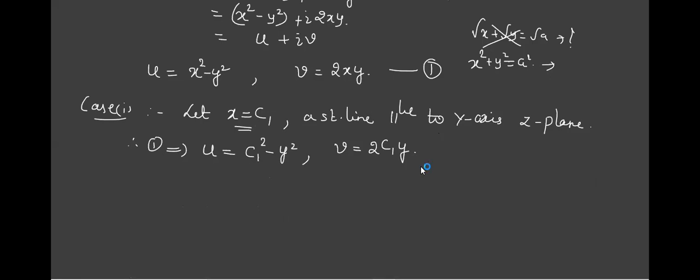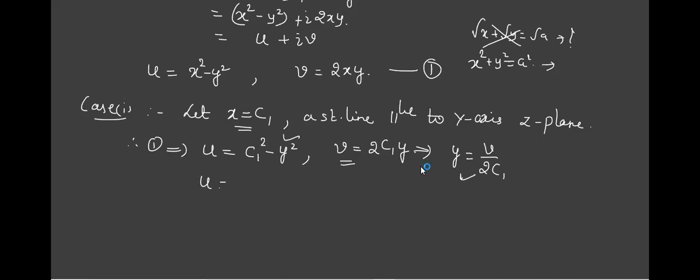Which is the simple way to get the value of y, u equal to or v equal to? v equal to, obviously. See from this part, tell me what is y? y is v by 2c1. Let us substitute this value here.